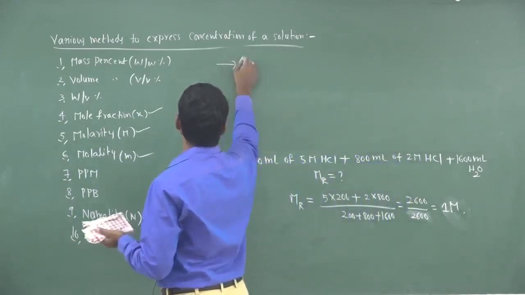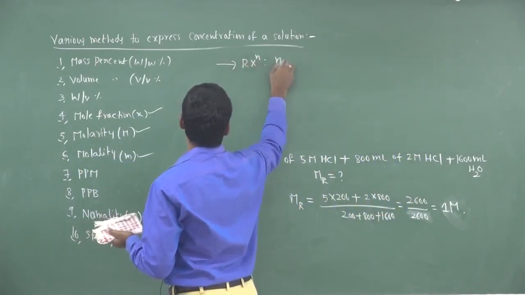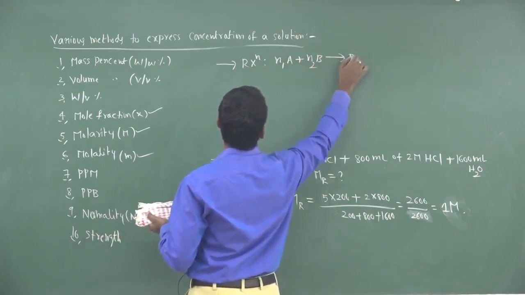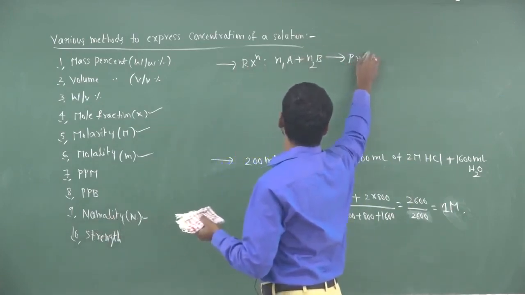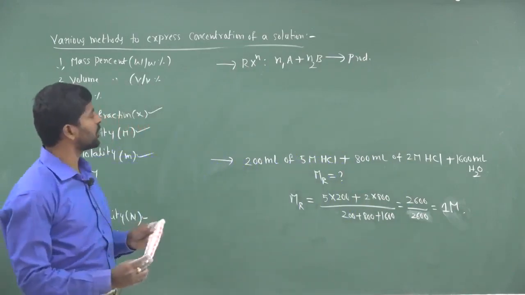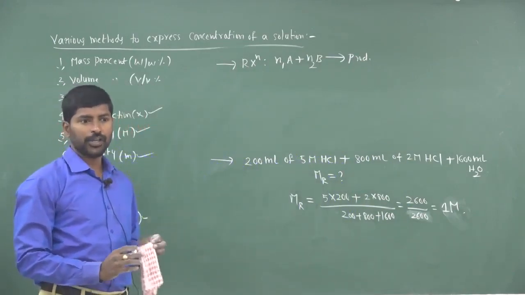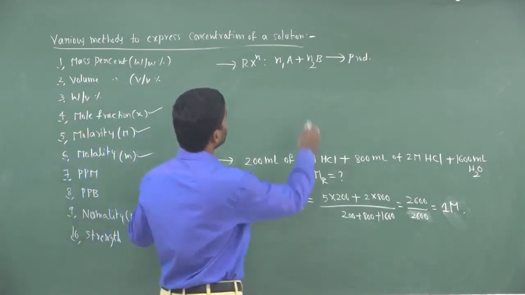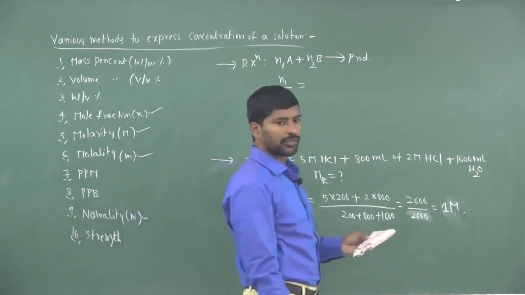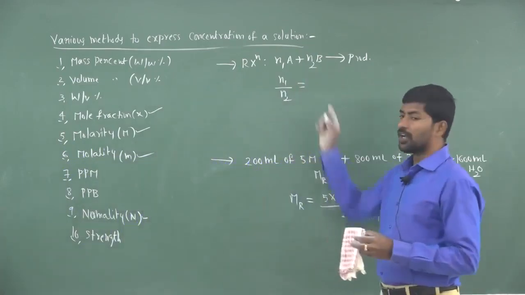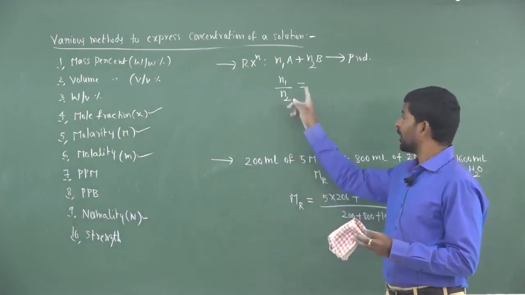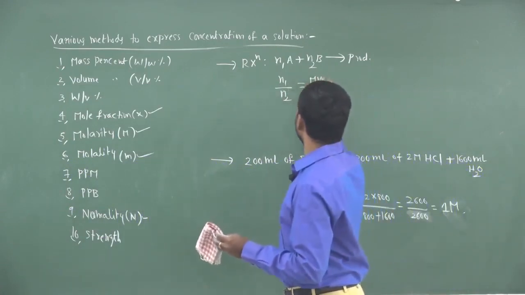Next, for a reaction, for example, if N1 moles of A participate in the reaction with N2 moles of B to give product, then what about the ratio of the number of moles of A and B? The number of moles is M into V in liters.